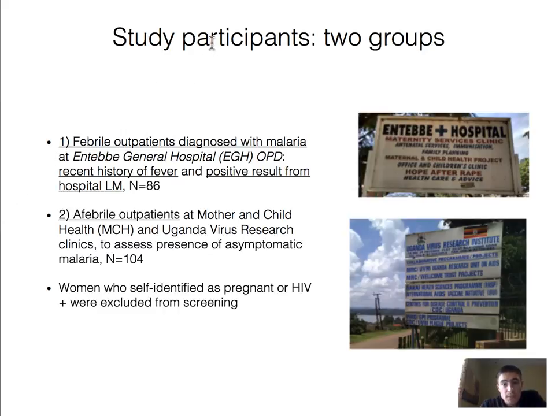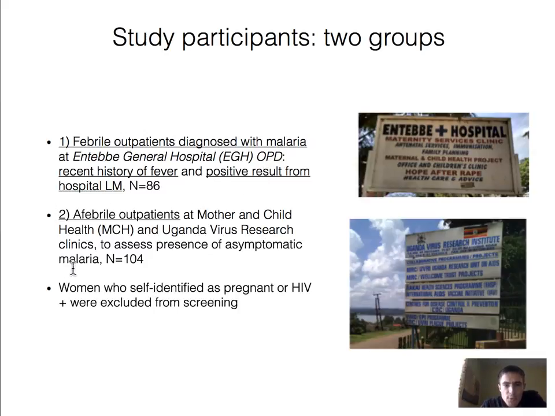The participants for this study were recruited from 3 different clinics in Entebbe. The first group of participants were febrile outpatients of a major referral hospital. These patients were diagnosed with malaria based on recent history of fever and a positive test result that was done by hospital microscopists.